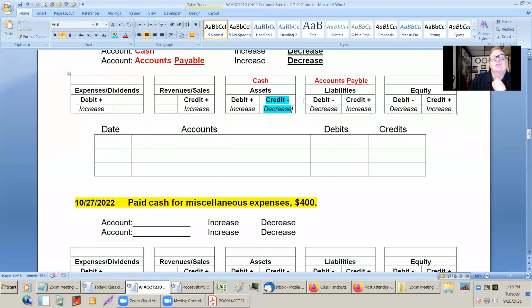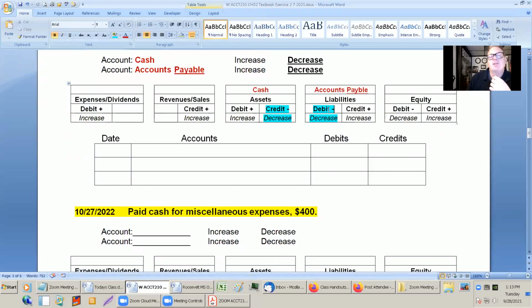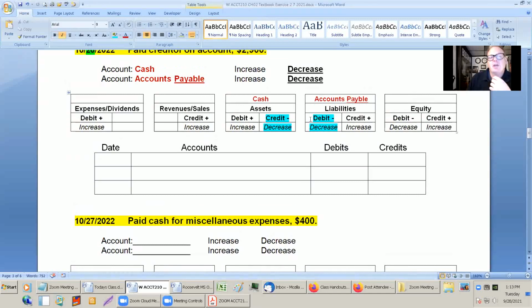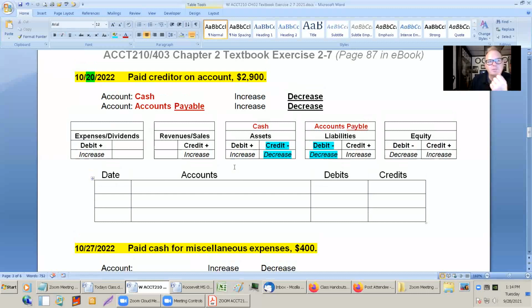Accounts payable, and obviously it has to be a debit, because it's decreasing the liability. Again, if you know one of them, you know both of them. That's the neat thing about journal entries: if you get one side, you know what the other side is.